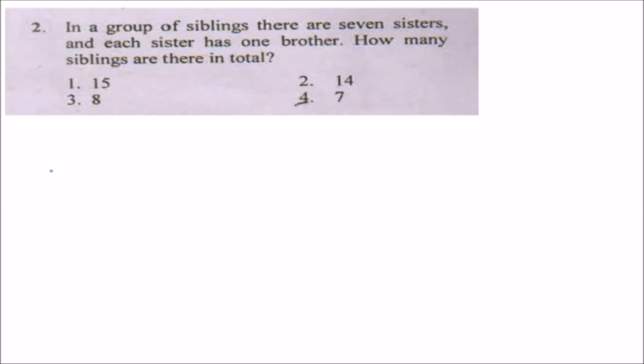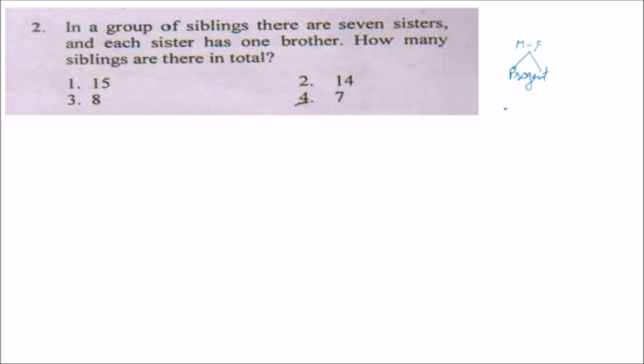Move to the next question. It's a very tricky and interesting question also, so let me first read it out. In a group of siblings, siblings means what? Progeny from a single mother and father, that is, our own sister or brother.